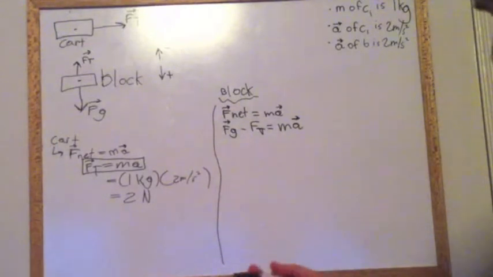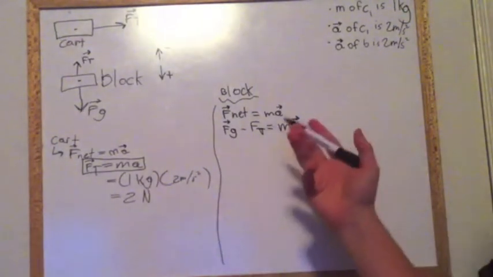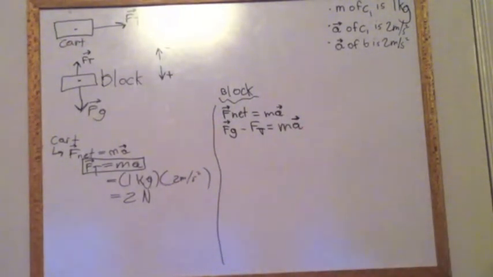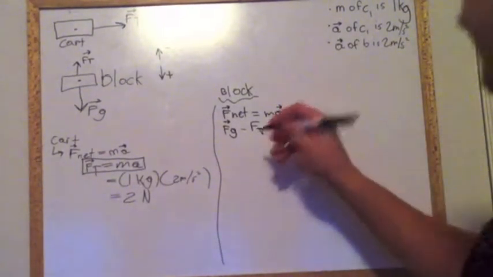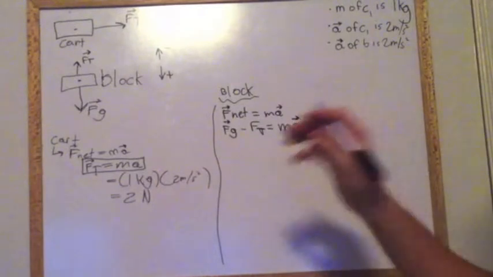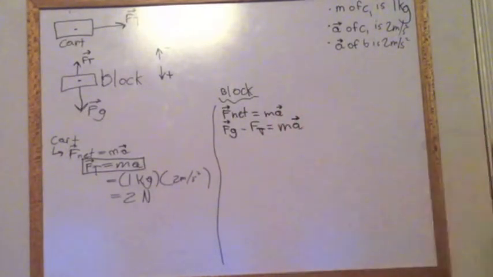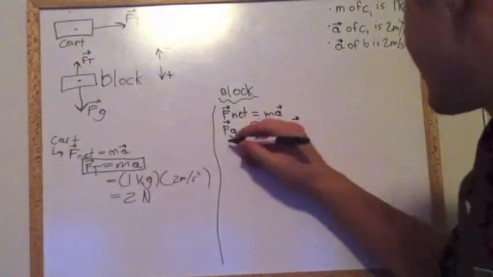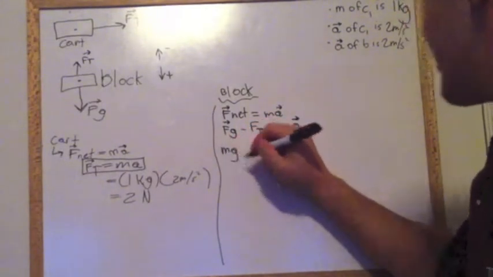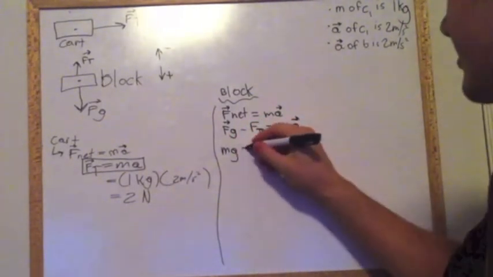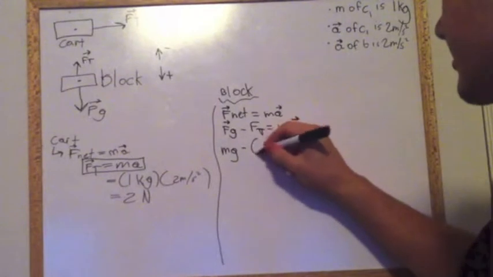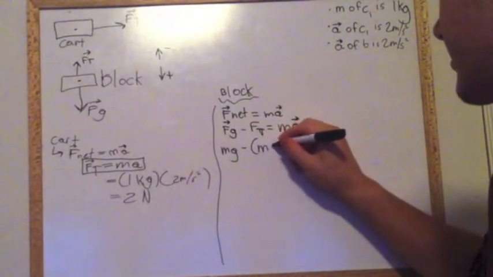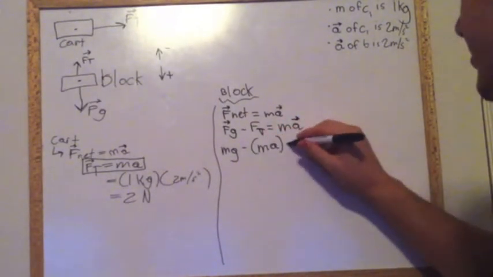In reality, we could just plug in the 2, but it's better to do it this way so we can see where that 2 comes from in terms of this equation. We also know what FG is. FG is simply mg minus FT, which equals ma.